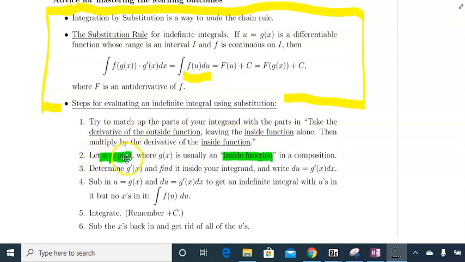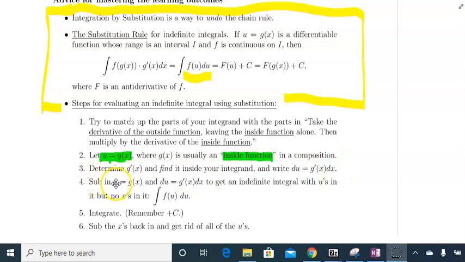Let u equals g of x, where g of x is usually an inside function in a composition. 3. Determine g prime of x and then find it inside your integrand, and write du is equal to g prime of x dx.